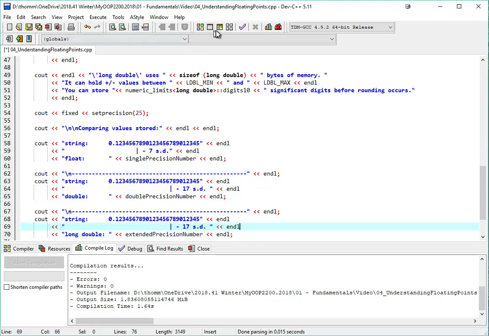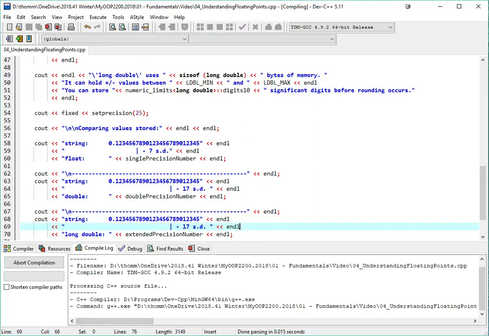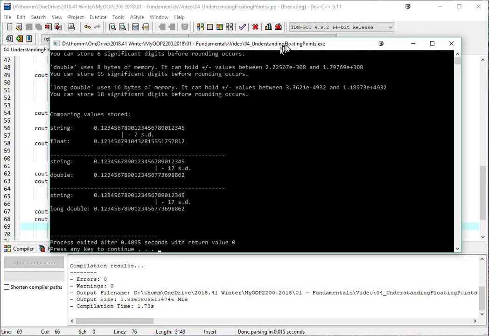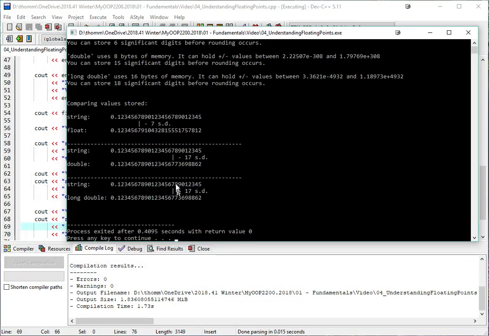Okay, I'm just going to run that again to make sure it works. Okay, so yep, they're the same up to that number and different after that dash. And it's the same in both of them. So this is curious. Why is long double the same as double?